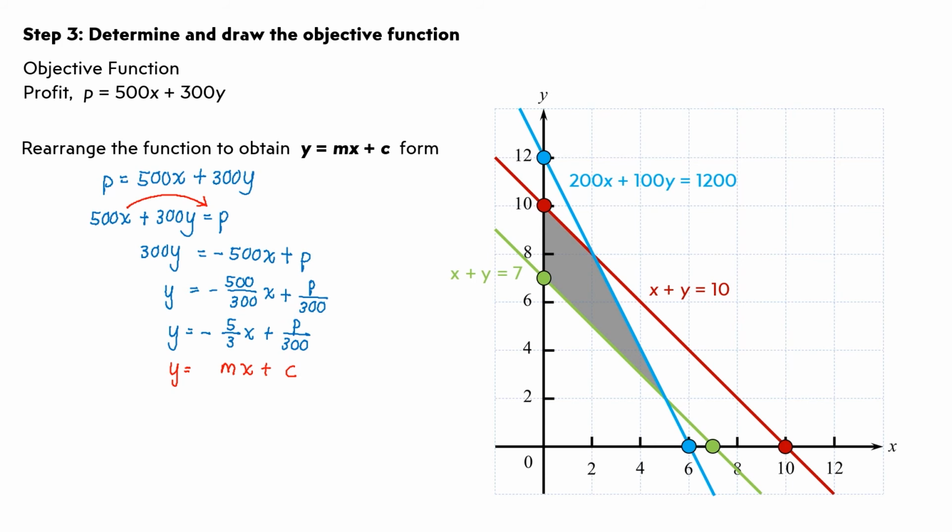As you still remember, the formula for m, which is the gradient or slope, is y2 minus y1 over x2 minus x1. As you can see, the numerator is the value of y and the denominator is the value of x.